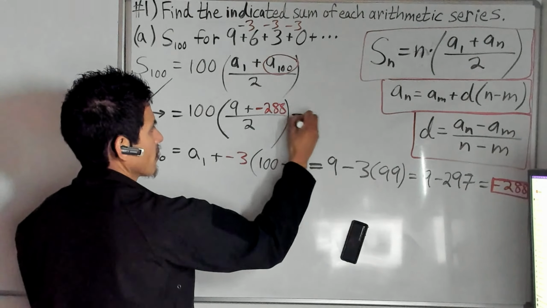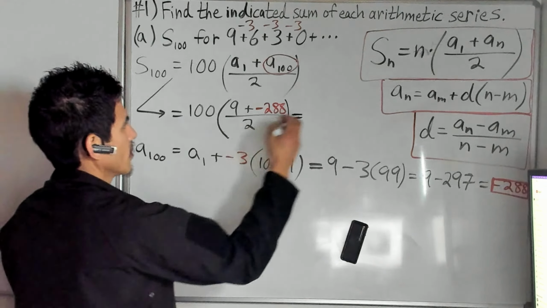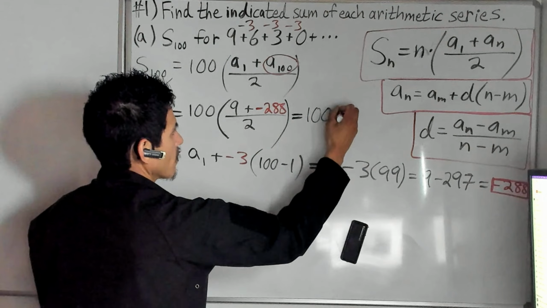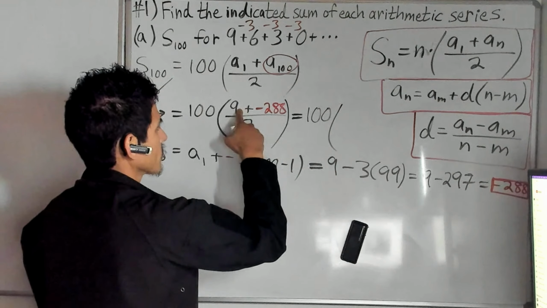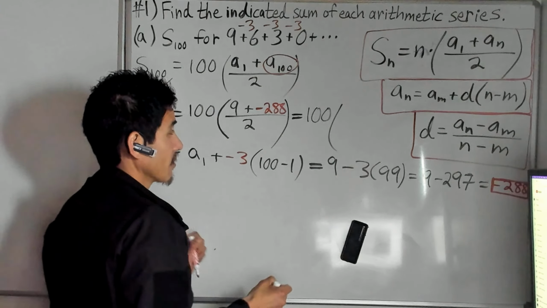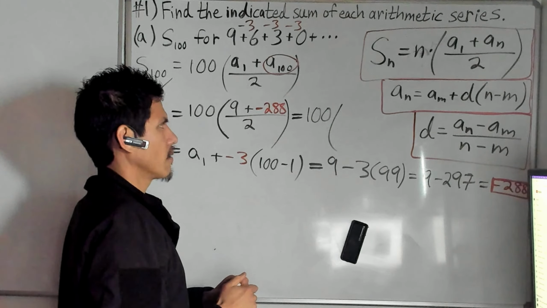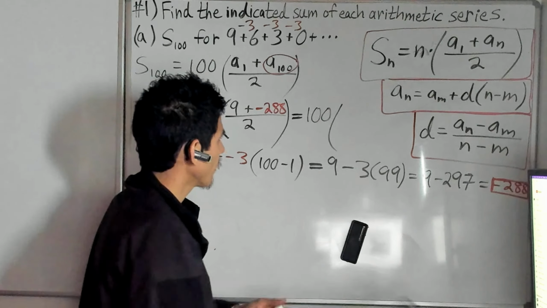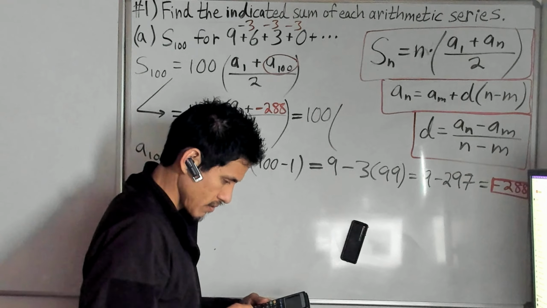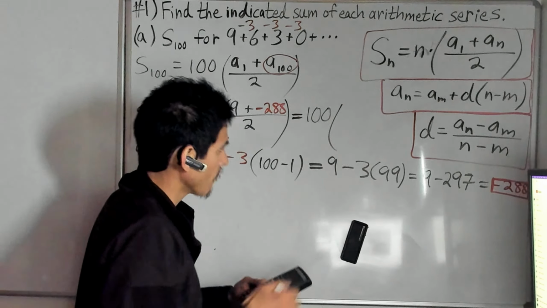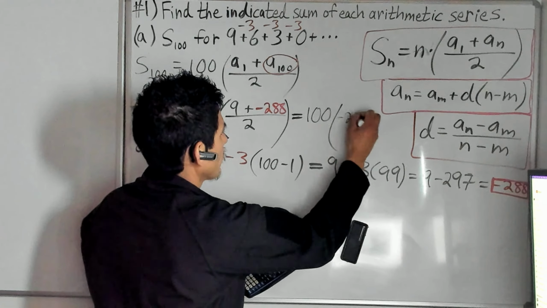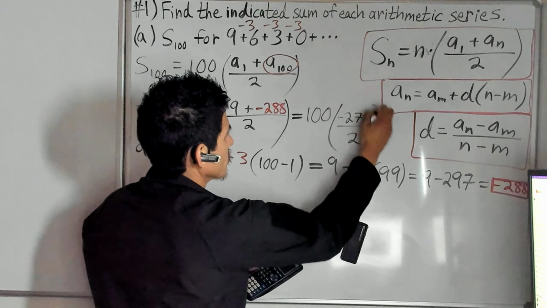So here we're going to have -288. And we just work this out. So we have 100 times 9 minus 288. So that would be -279. Let's ask my calculator. Yep, -279 over 2.